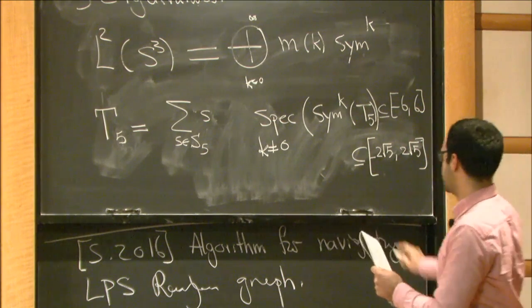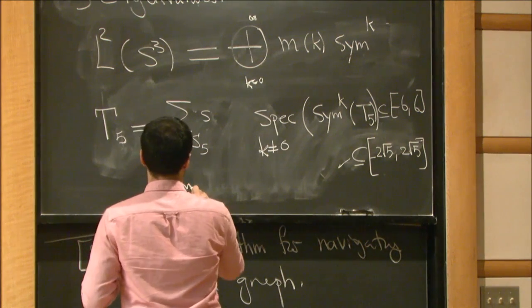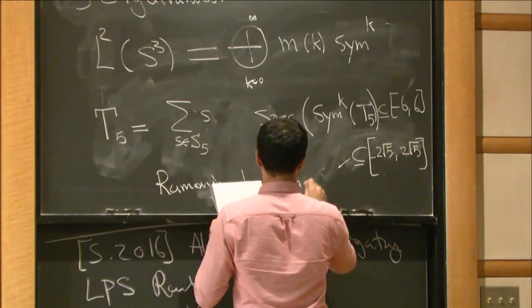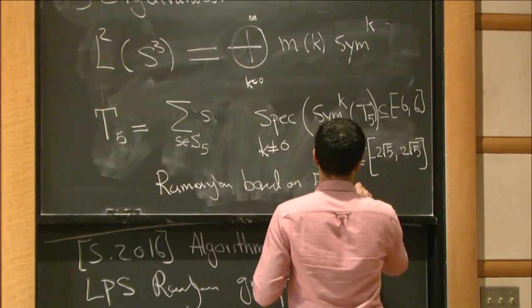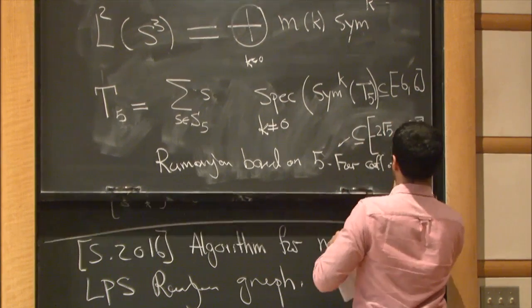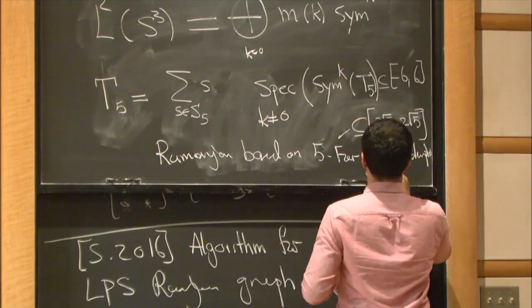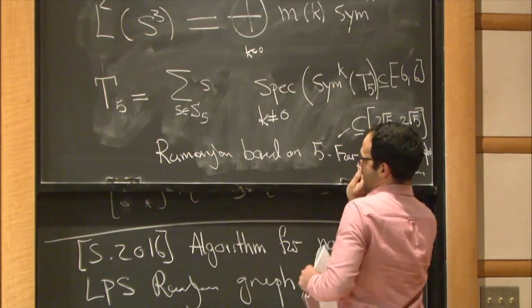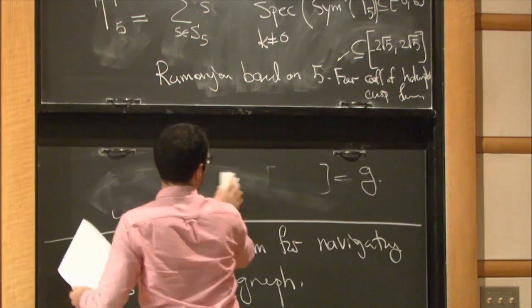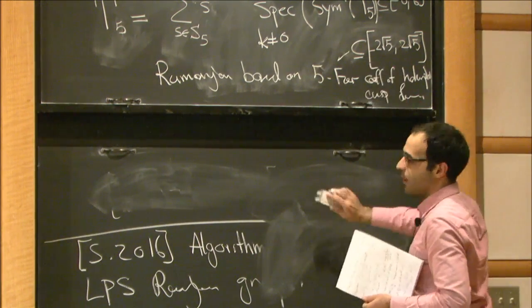So this is a deep result. It follows from the Ramanujan bound on fifth Fourier coefficient of holomorphic modular forms, cusp forms. And then I'm going to actually tell you, in fact, this bound is optimal.